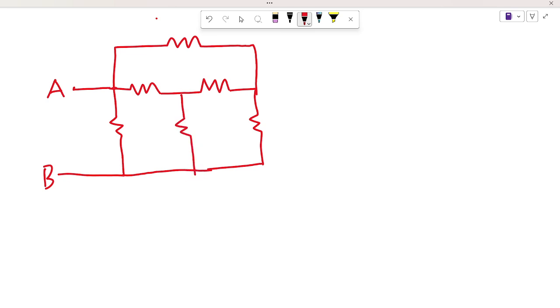Okay, so we have a 6 ohm resistor, 6, here's 3, here's 3, and we also have 3 here.